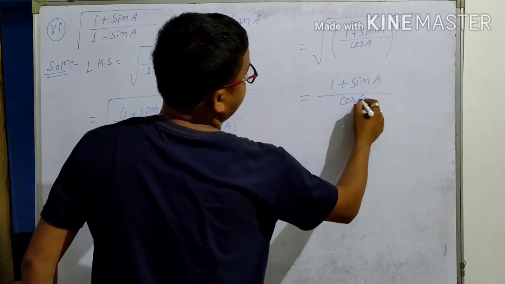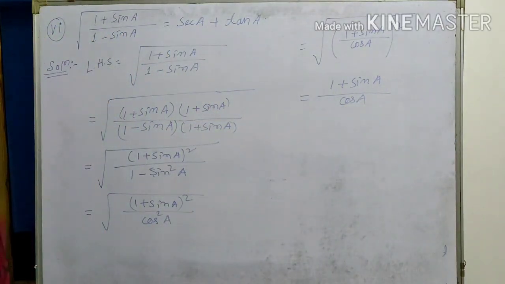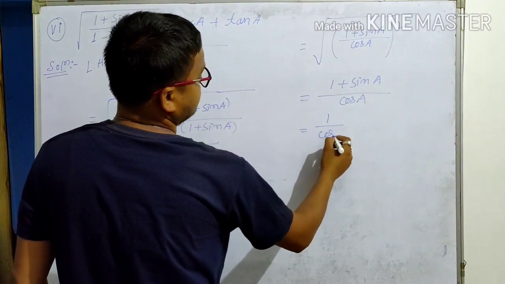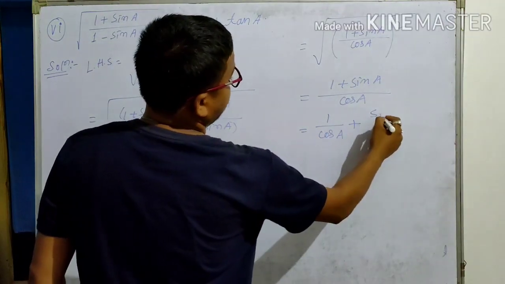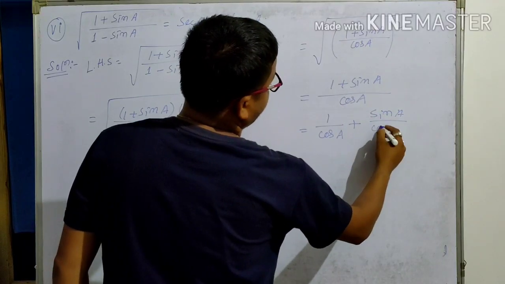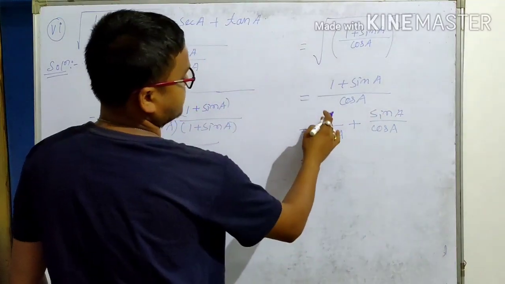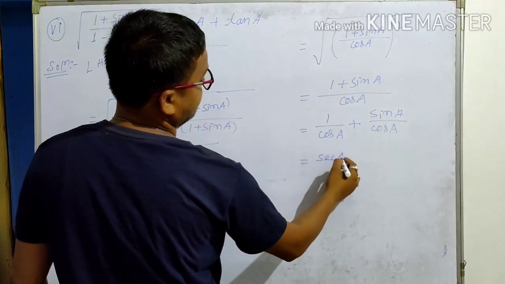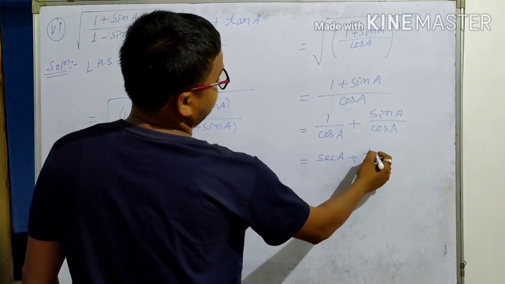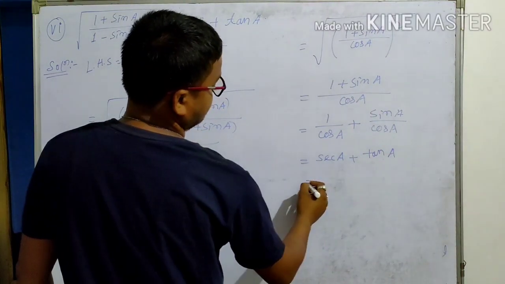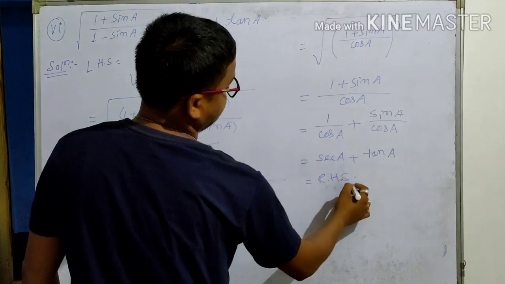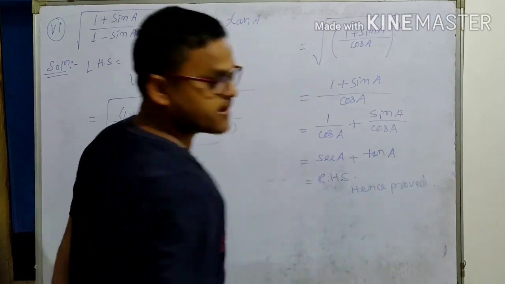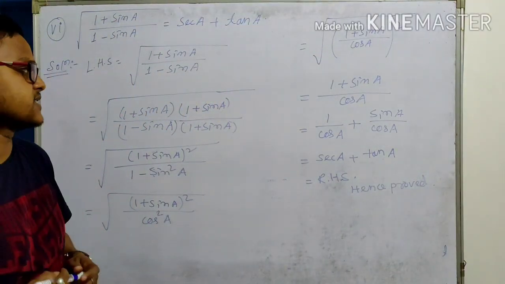Now you divide 1 by cos a, and here you divide sin a by cos a. So finally 1 by cos a is sec a, and sin a by cos a is tan a. This is your right hand side. Hence proof. Clear?